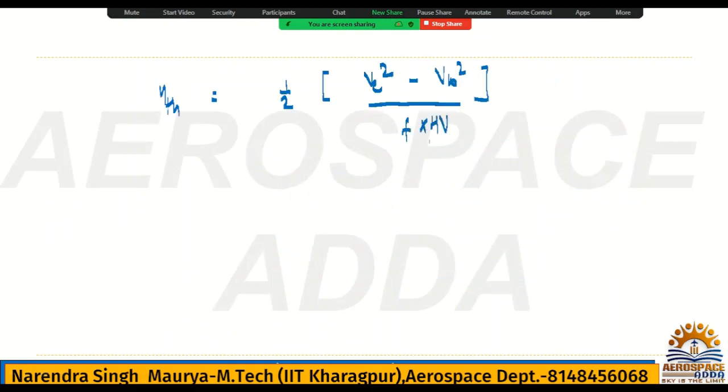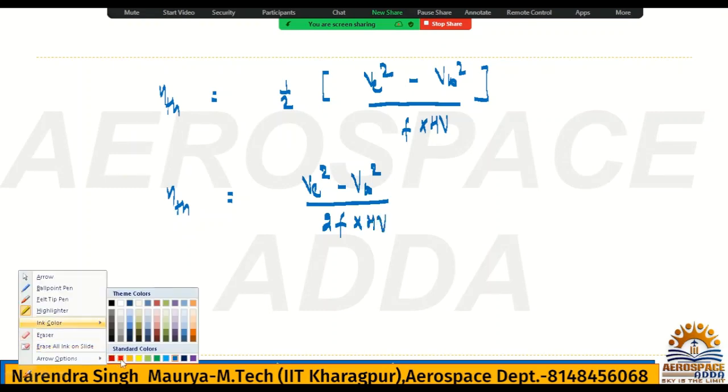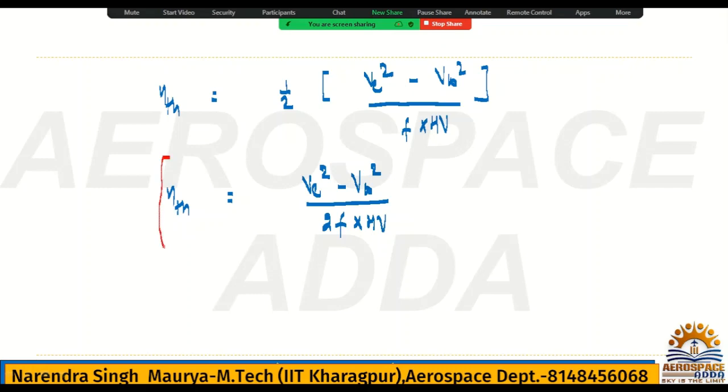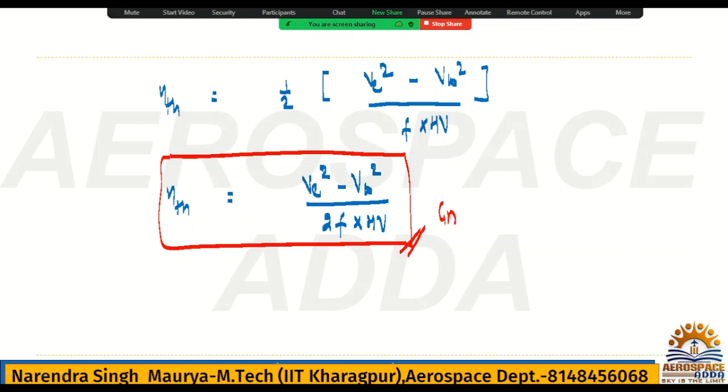So finally eta th will be ve square minus v infinity square divided by 2 times f hv. This is very, very important. A GATE question has been asked based on it.